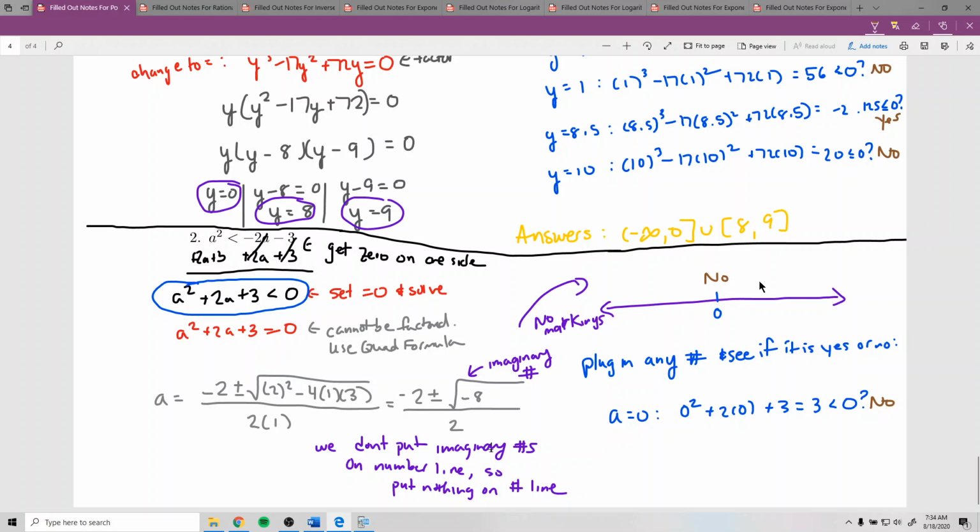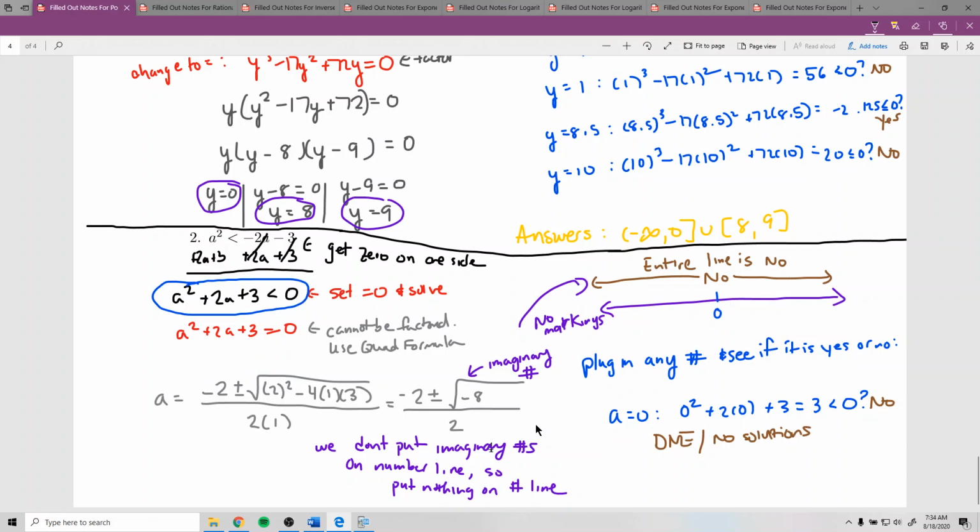So what that means here is that the whole thing is no, because there's nothing stopping us going left to right. It is D and E, no solutions, because we have no markings. The entire thing is no.